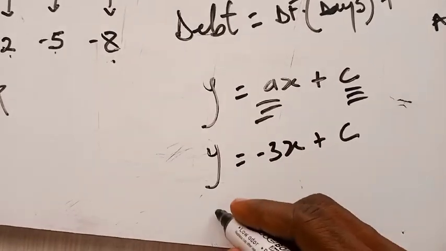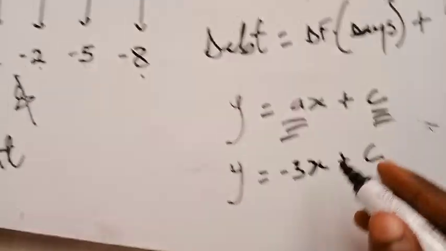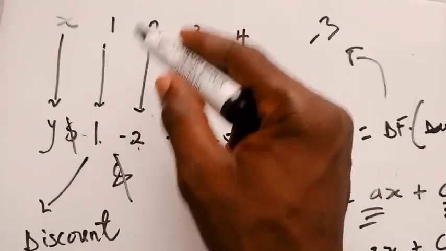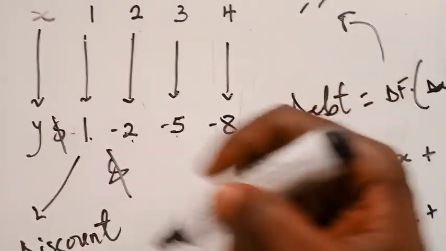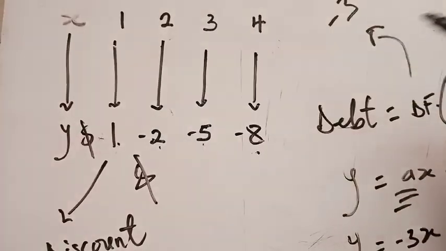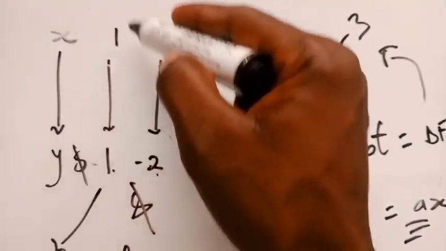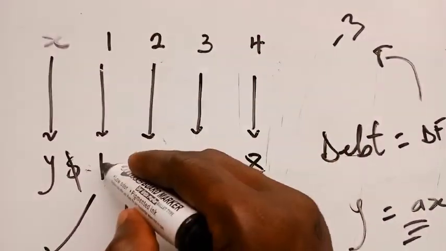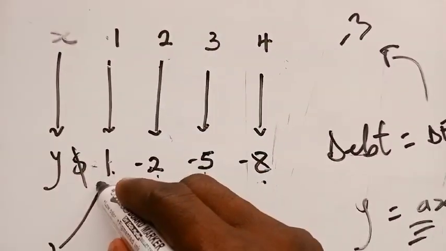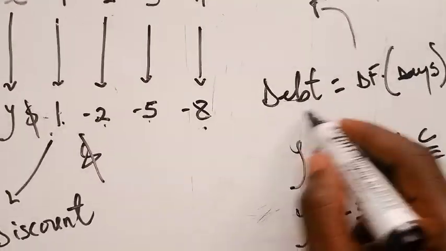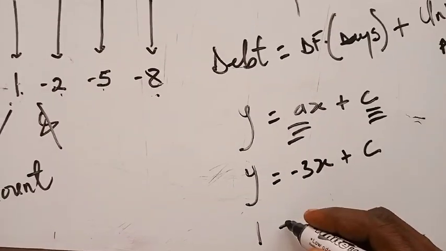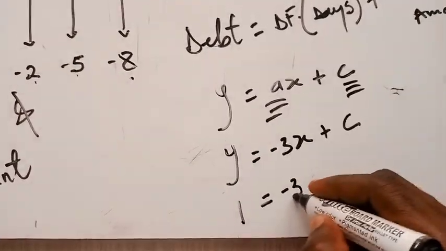Now perfect, let's go. So to find this here, we are going to look for any of these two corresponding numbers. Because I don't want any trouble for myself, I'm just going to pick a simple one, the 1 to the 1 here. So on day 1, I'm having a discount of $1 here. So this is the debt or the discount of $1, that's going to be equal to my -3 here.